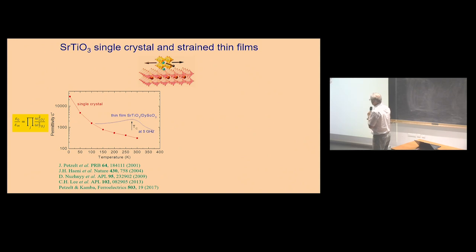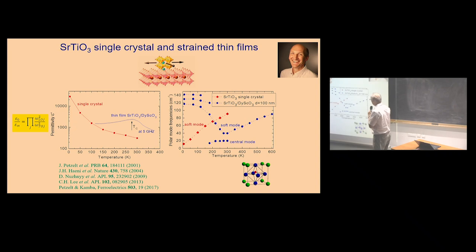What happens with phonons here? We know that if you measure permittivity in a single crystal, you have an increase of permittivity on cooling due to the soft phonon in bulk. But in thin film, the peak of permittivity, here on a logarithmic scale, is around 270 Kelvin due to the ferroelectric phase transition, and when you measure infrared spectra, one can see the phonon softening around this critical temperature.